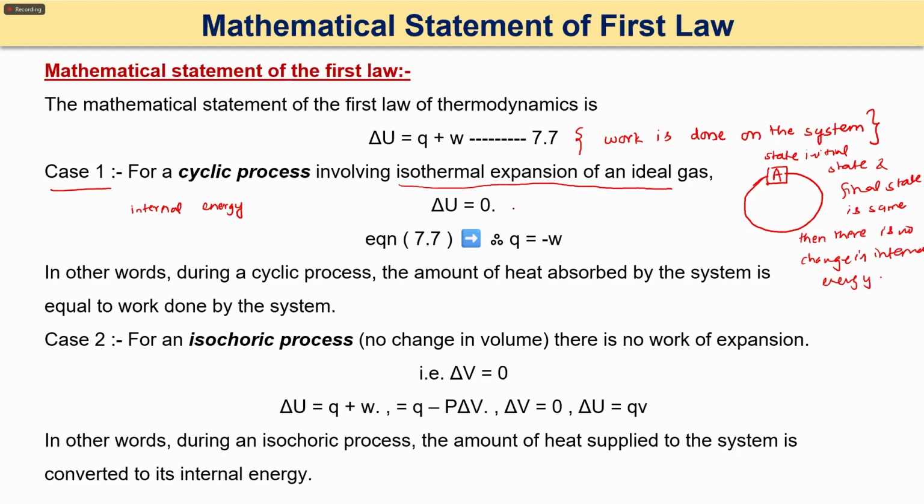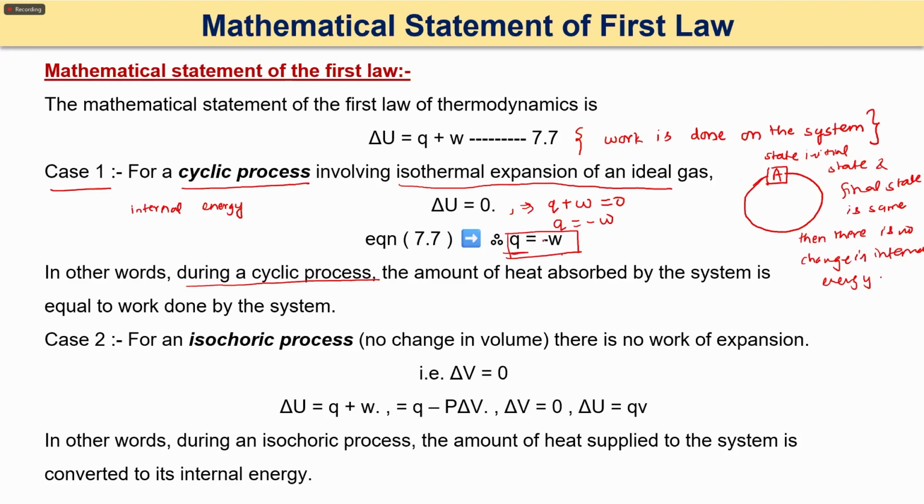Delta U is nothing but Q plus W. This means Q plus W is equal to zero, so Q will be equal to minus W. This means that during a cyclic process, the amount of heat absorbed by the system, that is Q, is equal to the work done by the system.